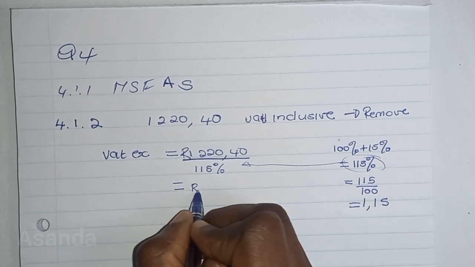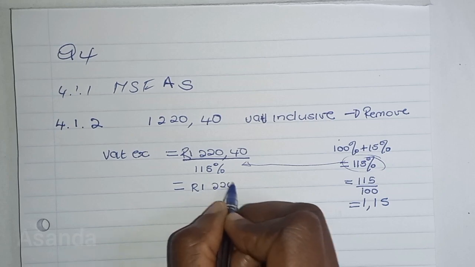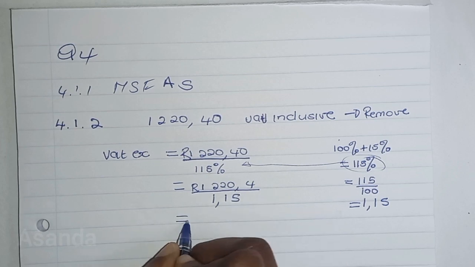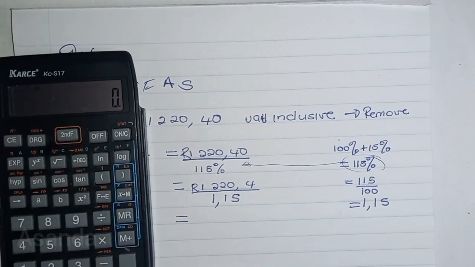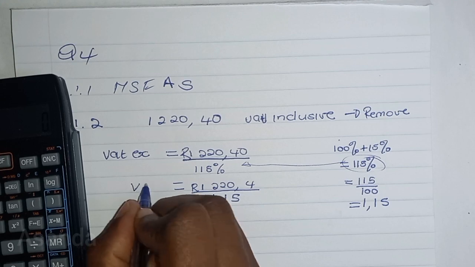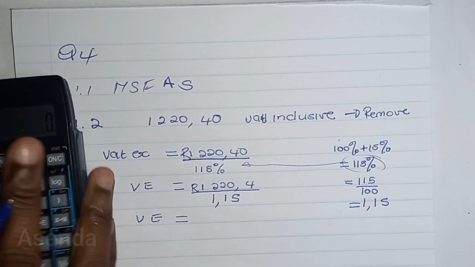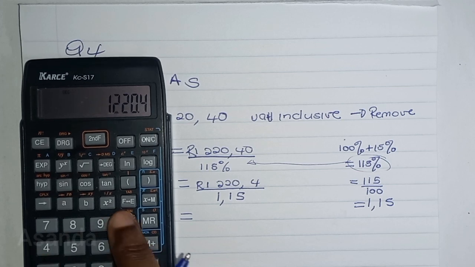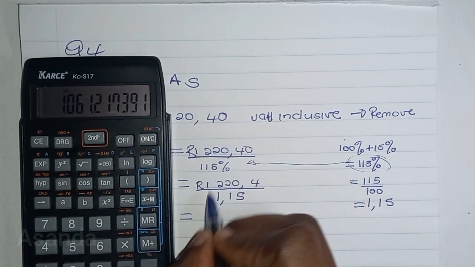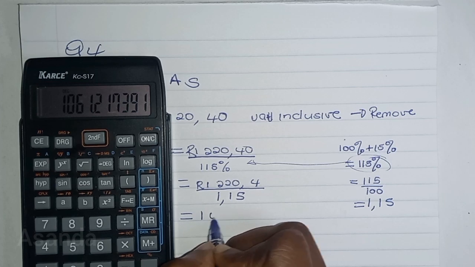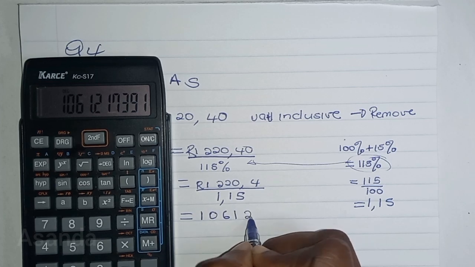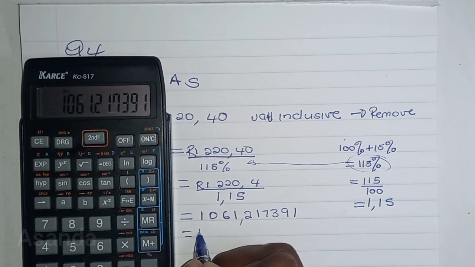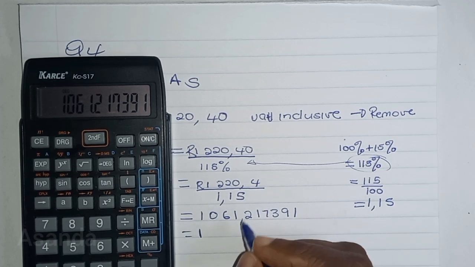So in the next step, again for my convenience, I write the step divided by 1,15, and then I get my answer. So this is VAT exclusive, and that is 1,220.4 divided by 1,15, and I get 1,061.217391. Then I have to round off, because this is money, I'm going to round off to 2 decimal places.